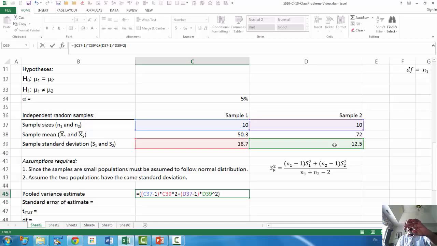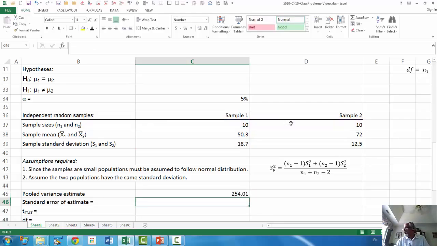Okay, so that's the numerator, and then the denominator is n sub 1 plus n sub 2 minus 2. Okay, and that's our pooled variance estimate.